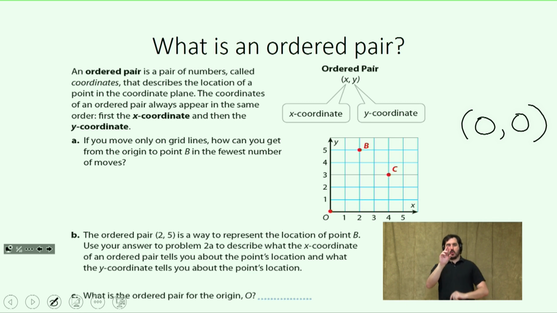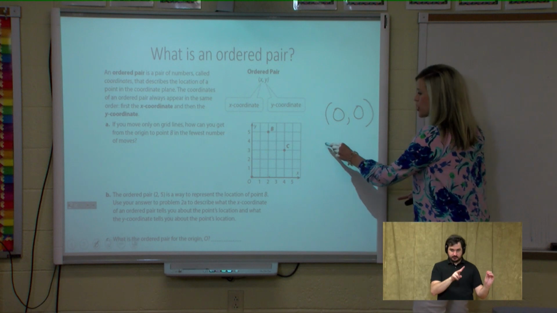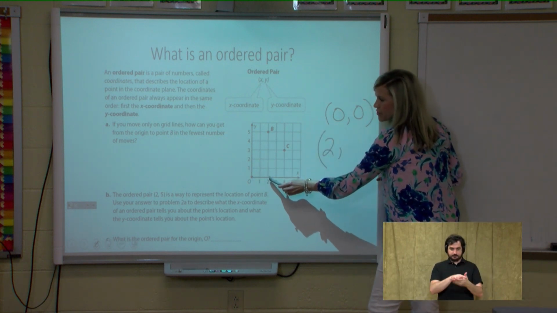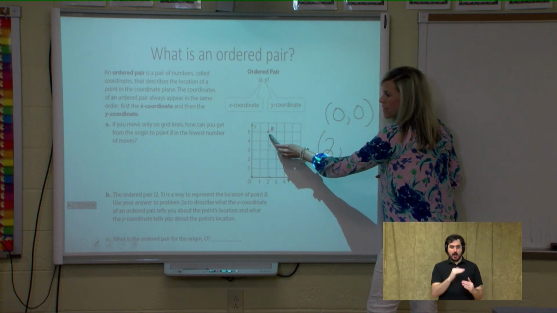So if we're looking at B, and we always start at the origin, we're going to move over on the X-axis first. I'm going to move over here. And the reason I'm stopping here is because I see that B is lined up right there. I'm going to move over on the X-axis, and I see there's a 2. Then I'm going to move up.